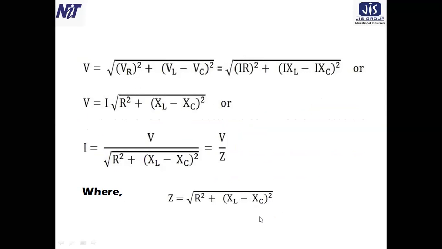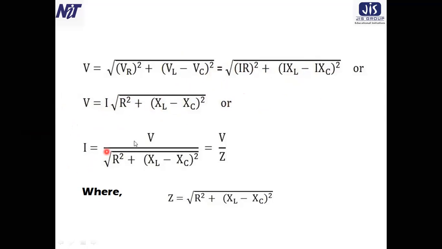VR is IR. What is VL? IXL. What is VC? IXC. So after the simple calculation, we can say that V equals, I is common from all the parts, and we take it outside the root. Inside the root it was I square, and so taking the root, we take only I root over R square plus XL minus XC whole square.